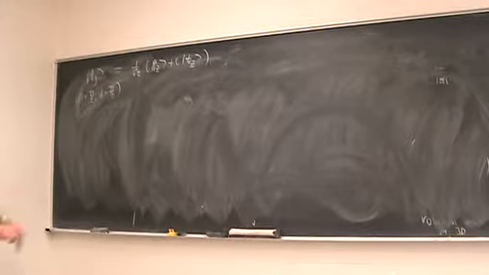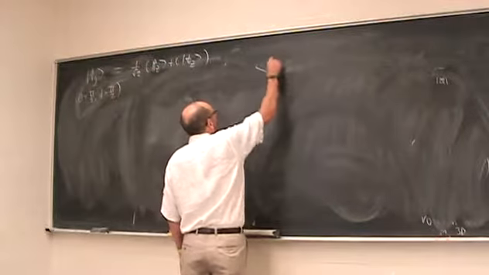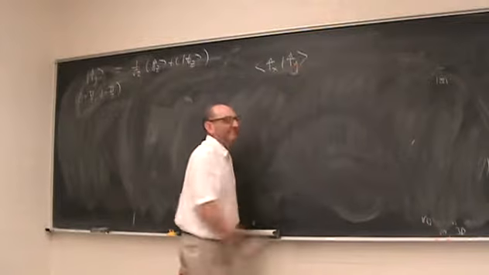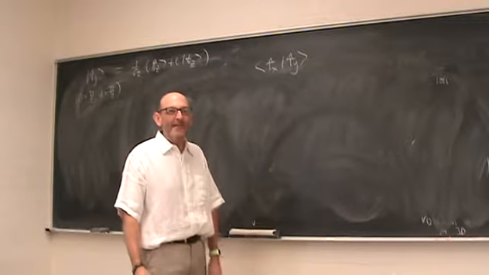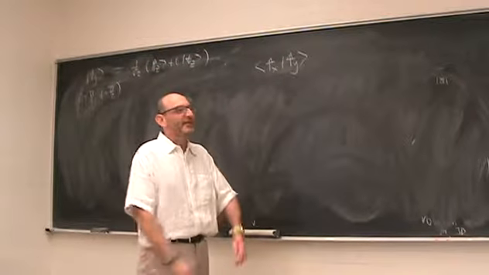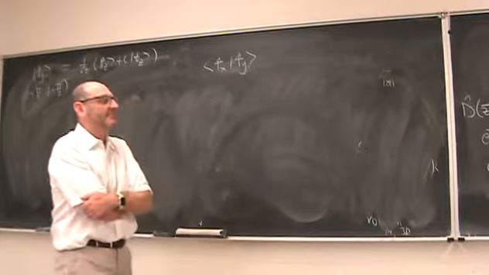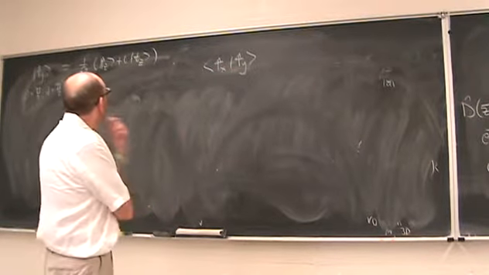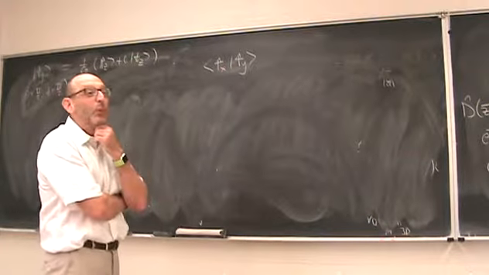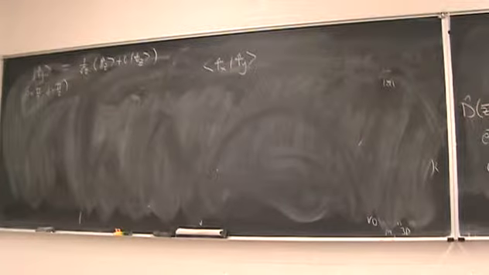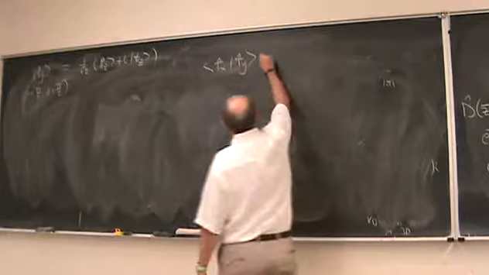Note, spin up along x is not orthogonal to spin up along y. What is the inner product between those two? Well, I just have to take the inner product of this with this, right? 1 plus I over 2. Yeah. 1 plus I over 2.